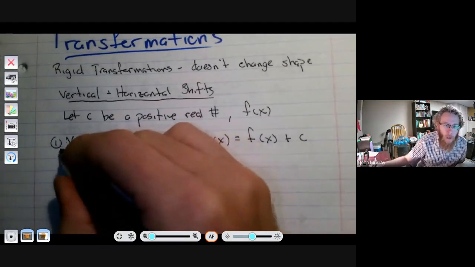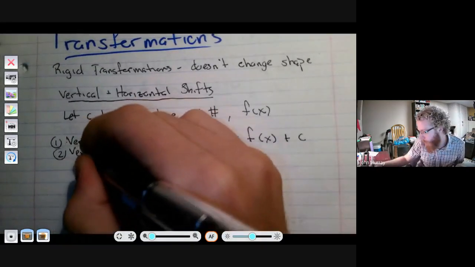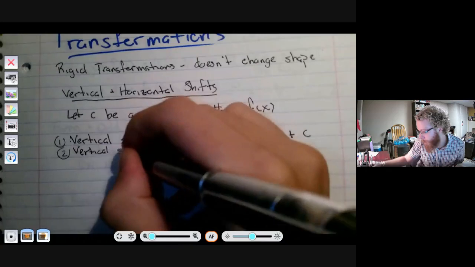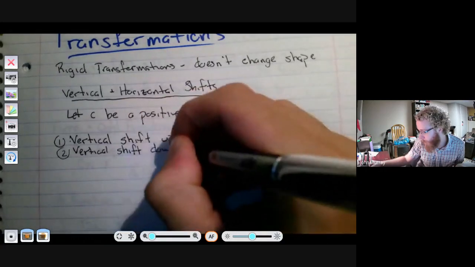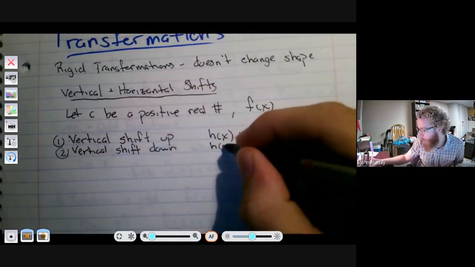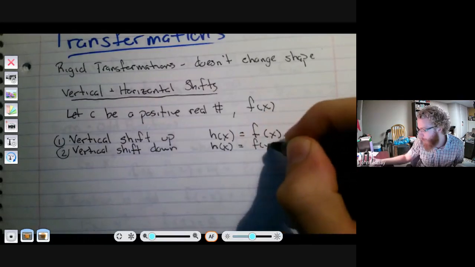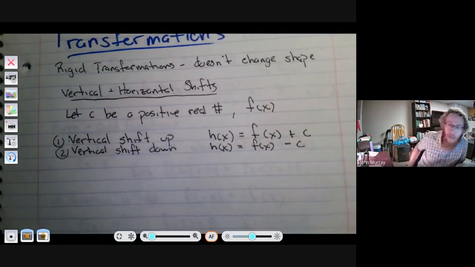If I want to go down, my new function will be the old function minus c.